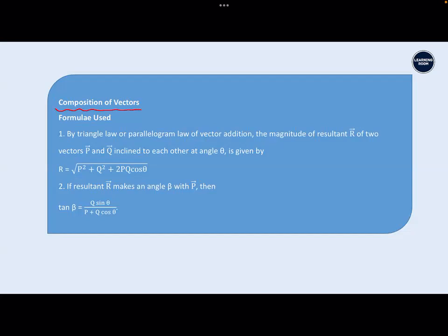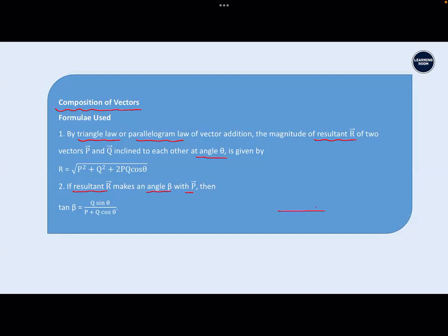Okay. So by triangle law or parallelogram law of vector addition, the magnitude of resultant of two vectors p vector and q vector inclined to each other at an angle theta is given as r is equal to root of p square plus q square plus 2 times pq cos theta, where theta is the angle between them. And if the resultant r vector makes an angle beta with p vector, then tan beta is given as q sin theta divided by p plus q cos theta.